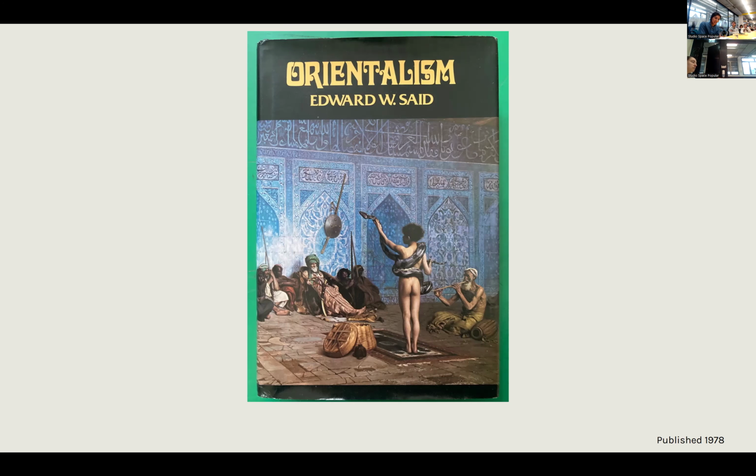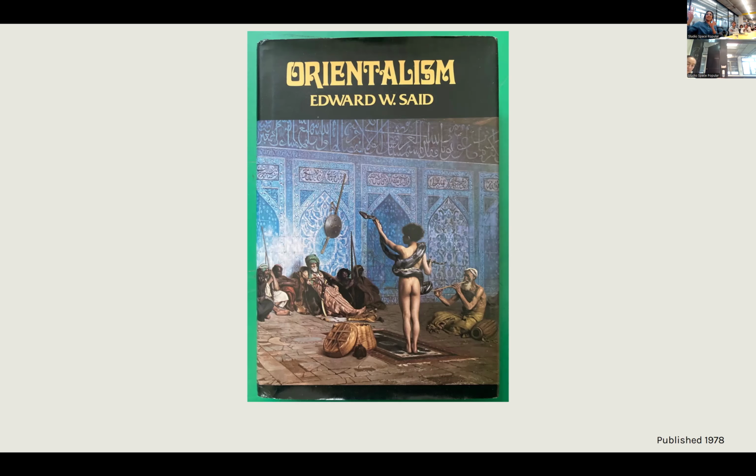The second point he makes is that Orientalism is used by Western Europe to create an image of themselves. What that means is that by othering those who are different, specifically in these regions, they're able to see themselves as progressive.